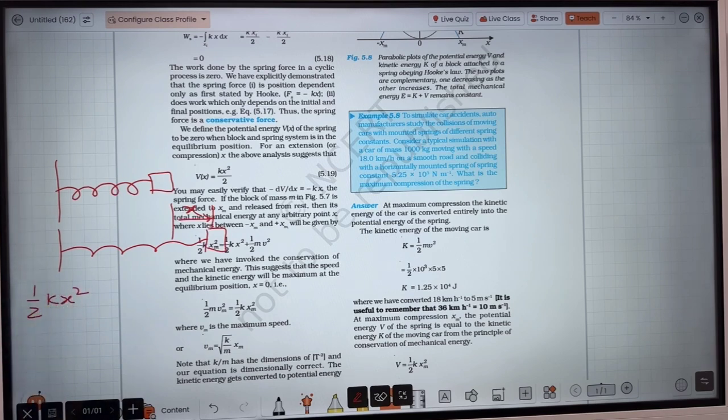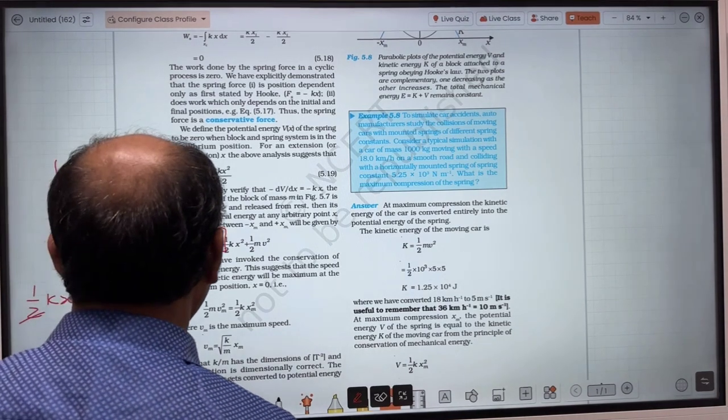Suppose we want to find the maximum velocity when it is released. For that, the total potential energy stored in the spring must be equal to its kinetic energy, half mv square. So v square equals k upon m times x square, or v equals root k upon m times x. This is the value of maximum velocity.